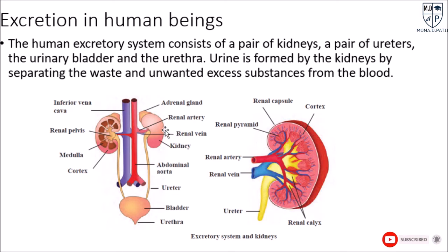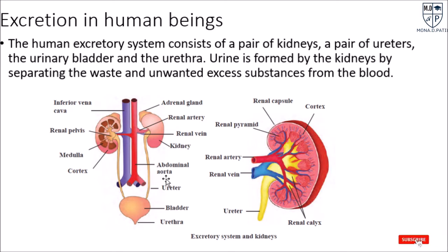Okay, in the diagram you can see these bean-like structures, what are they? A pair of kidneys, and a pair of ureters which run from the kidney toward the urinary bladder. Okay, this is the urinary bladder and the urethra. So urine is formed by the kidney by separating the waste and unwanted excess substances from the blood.